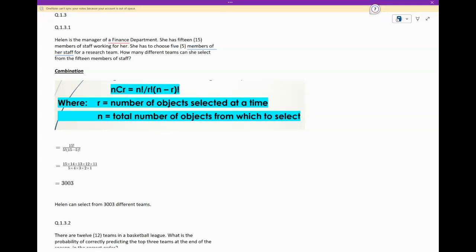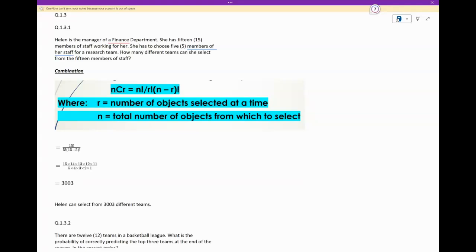Does that make sense? So here, again, you can see your formula. You've got the total number that we can select from, and then combinations of 5. That's what your R is for, the number of objects selected at a time. We can only select 5 in our research team. Is it making sense? Okay, so there's your formula.